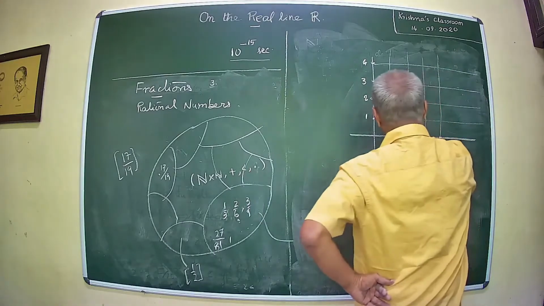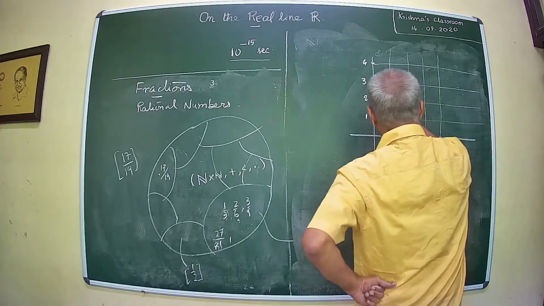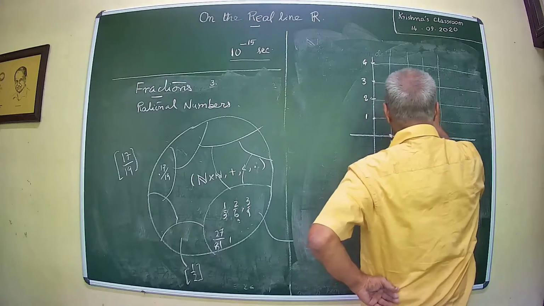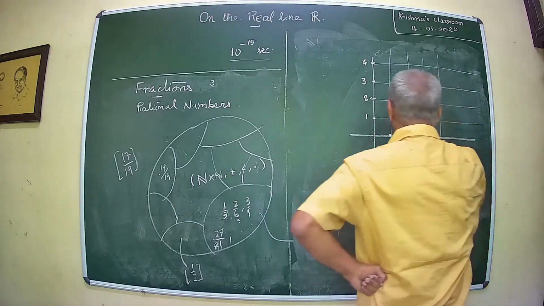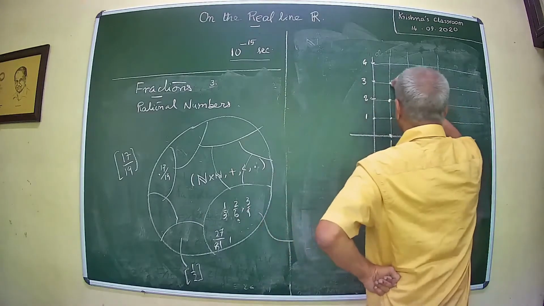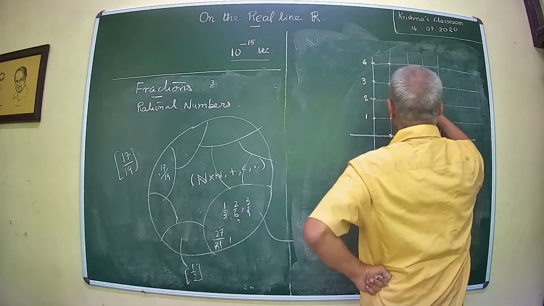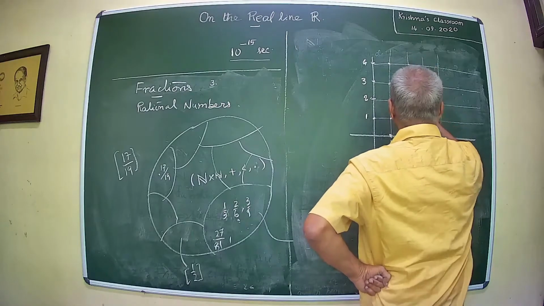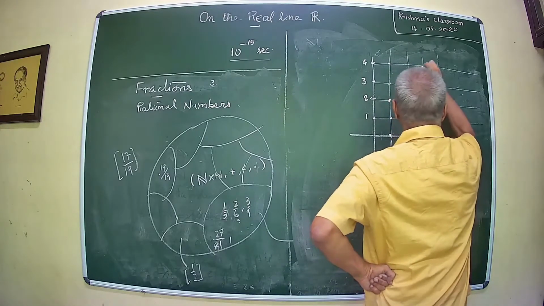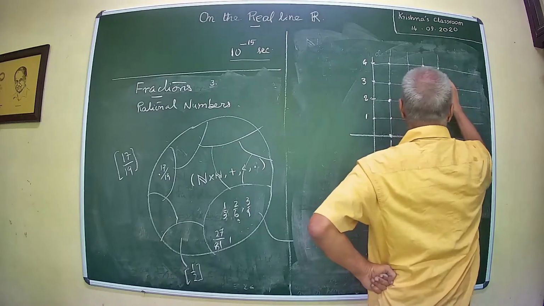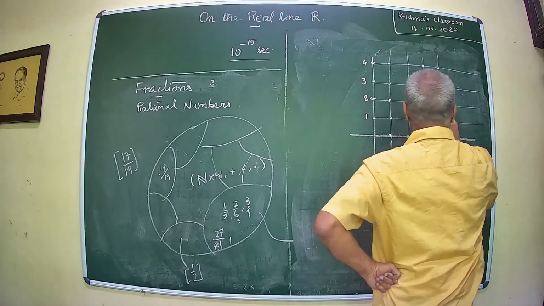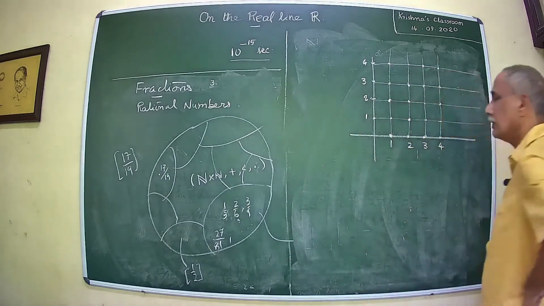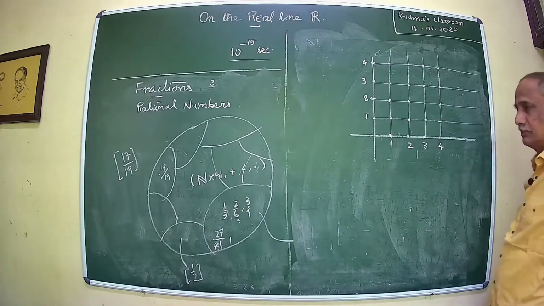So you have this one, this is (1,1), this is (2,1), (1,2), sorry, (2,1), (1,2), (1,3), (1,4), etc. These are the points. Now let me see how each one is identified with a fraction.